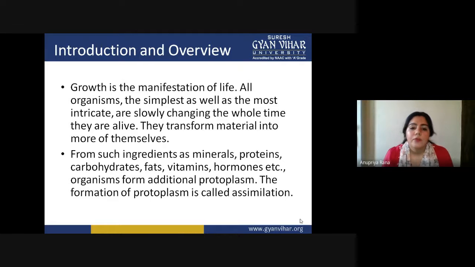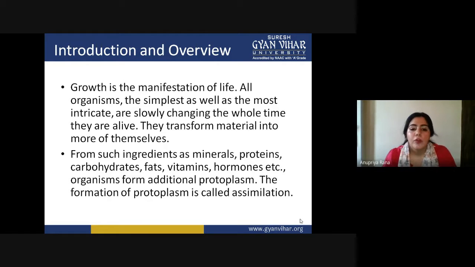So these nutrients are a basic need of every organism, along with the additional protoplasm. Whenever we talk about the cell, the protoplasm, or you can say the plasma, which has life inside it, is a very important part of any kind of development.